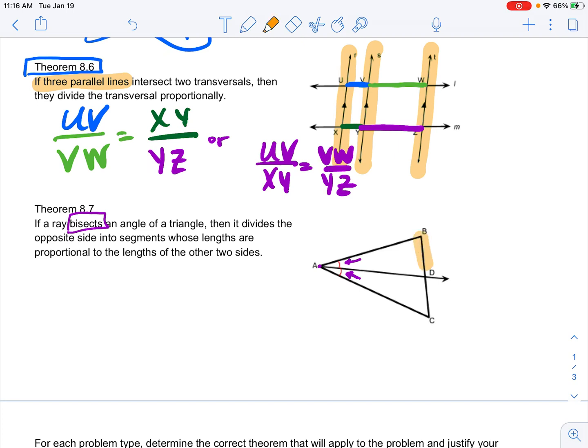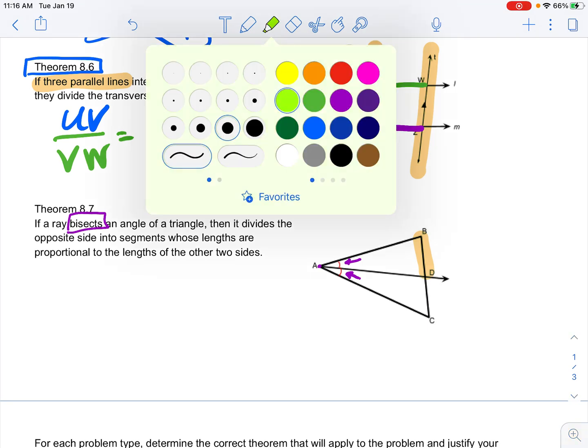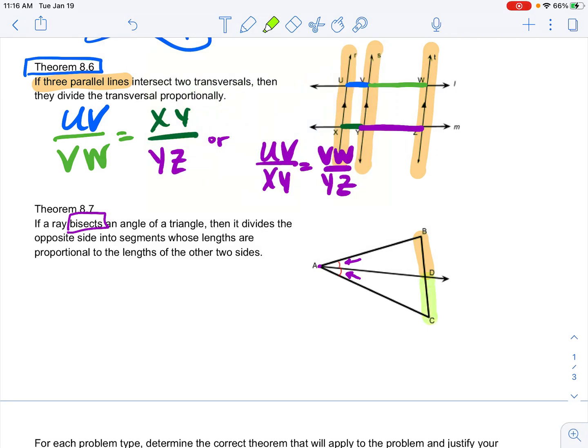Then it's saying that BD and DC are going to be proportional to AC and AB.